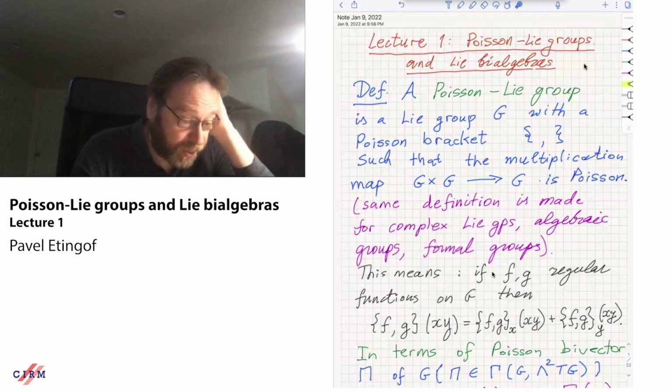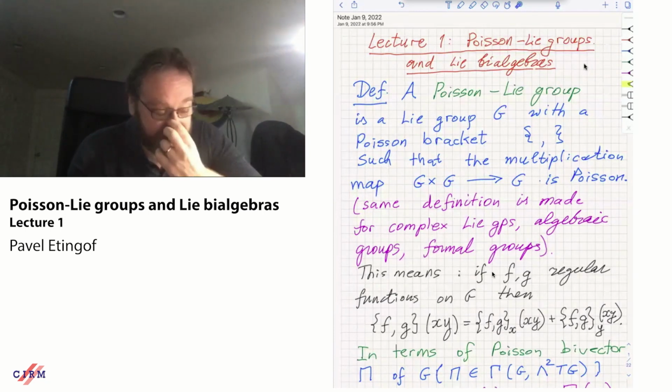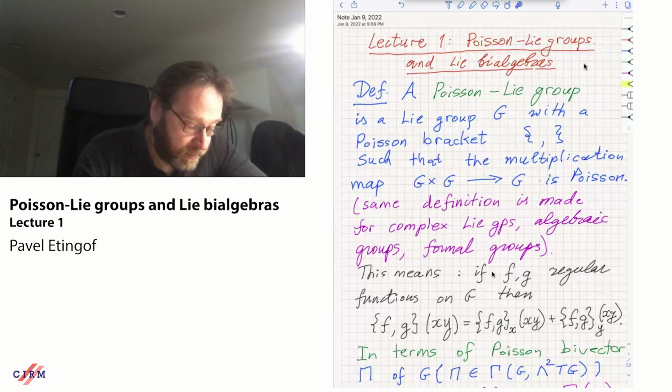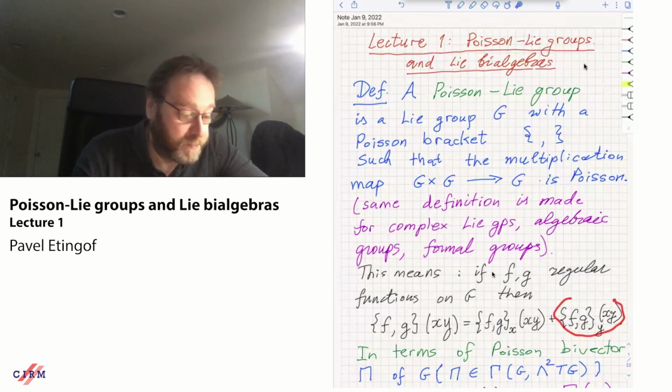So the equation that says that the Poisson bracket is preserved is: the Poisson bracket {f, g} of x times y can be computed as a sum of two terms. One of them is the Poisson bracket with respect to the x variable, and the other is the Poisson bracket with respect to the y variable.